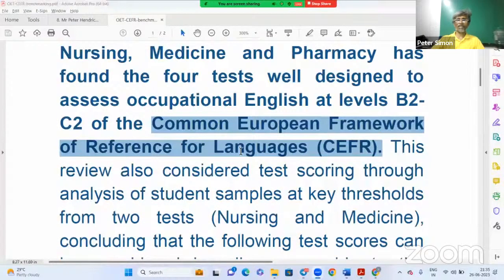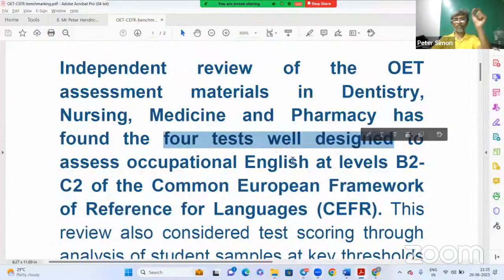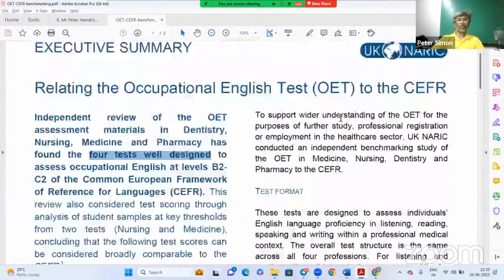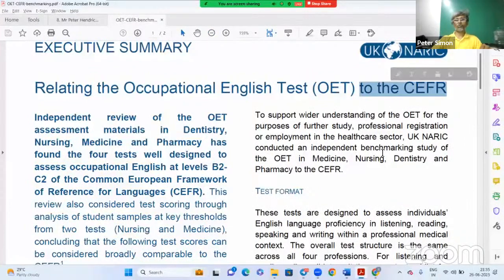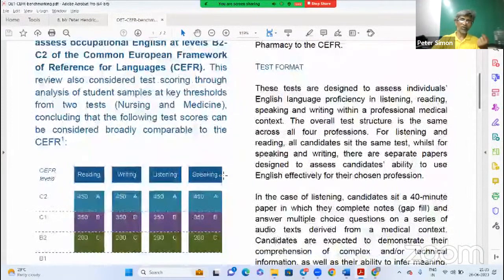The four tests are designed to assess occupational English at levels B2 to C2. Based on this, it's very essential, and many people do not even bother about these things. So we have to bother about these things because it's very, very important. This is relating the Occupational English Test to the CEFR. Why is CEFR very important? You have to follow this. So learn quality vocabulary. How do you get this quality vocabulary?